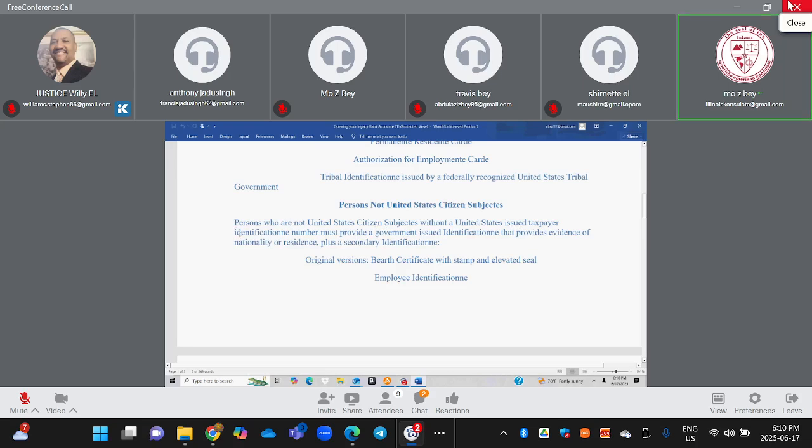That's fine. Let me read this. Persons who are not United States citizens, subjects, which we are not, without a United States issued taxpayer identification number, must provide a governmental issued identification that provides evidence of nationality or residence, plus a secondary identification.